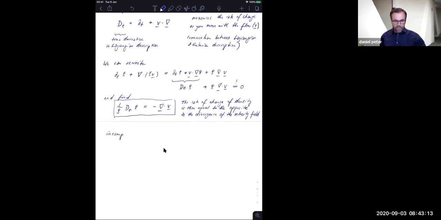So for incompressible fluids or incompressible flows, the divergence is always zero, which means that the conservation of mass boils down to having just the material derivative of density vanish, be zero.